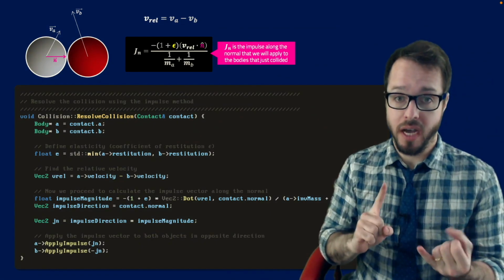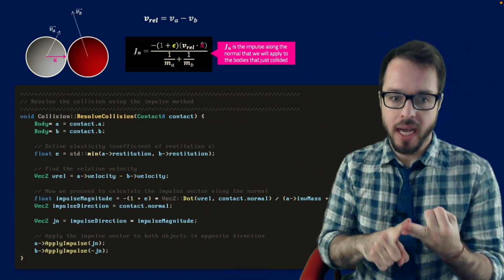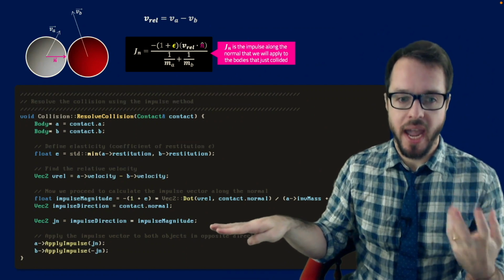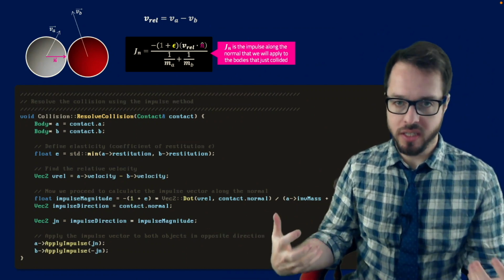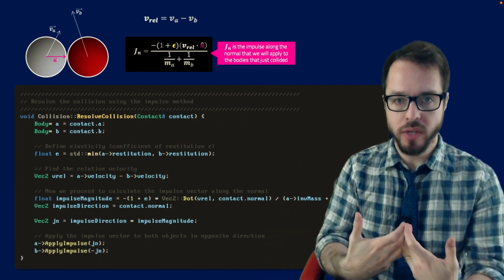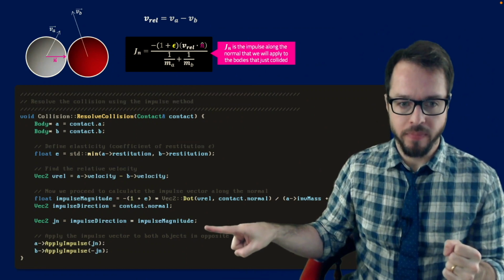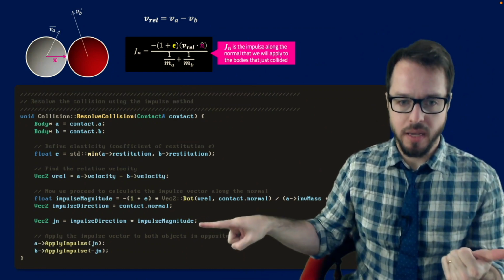Cool, so I now have the impulse direction, I have the impulse magnitude. How do I find the resulting impulse Jn, right? This vector is the Jn, which just combines both magnitude and direction. So the final Jn, my impulse vector, is the impulse direction scaled by the impulse magnitude.